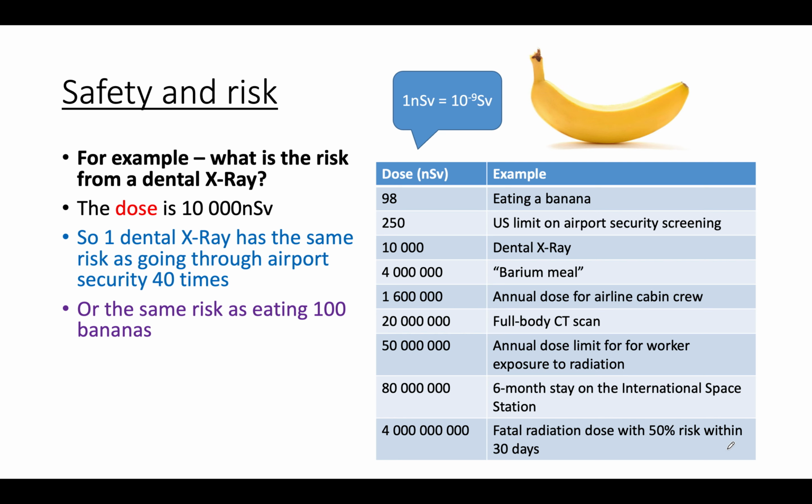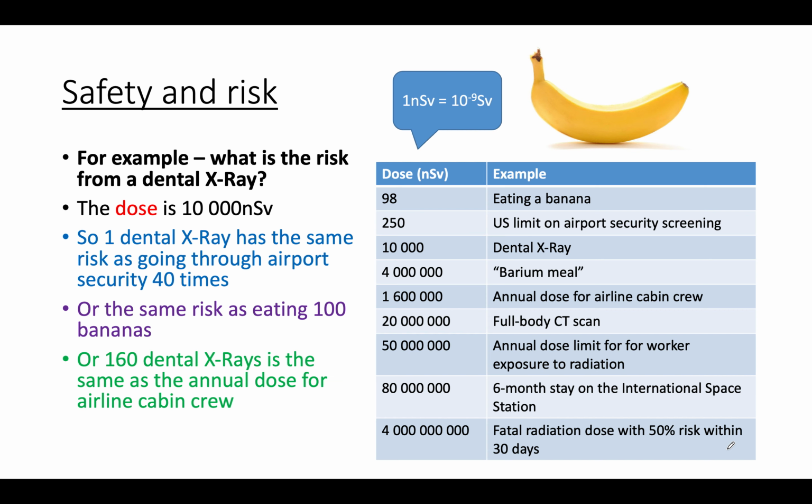Another way of looking at it is if you compare it to something with a higher dose. If you look at the annual dose for airline cabin crew, 1.6 million nanosieverts, well, that's regulated, that's checked, that's safe, and you can see that's a much bigger figure than the dental X-ray. In fact, it's 160 times bigger. So if you had 160 dental X-rays, that's the same radiation dose as airline cabin crew.